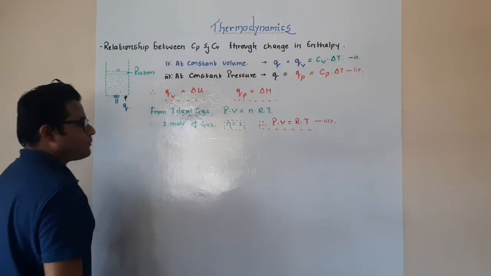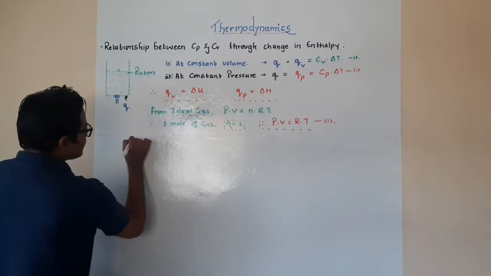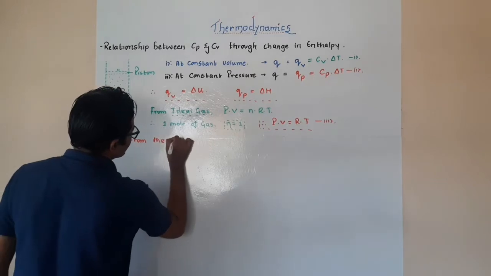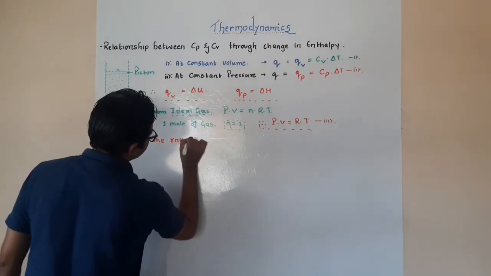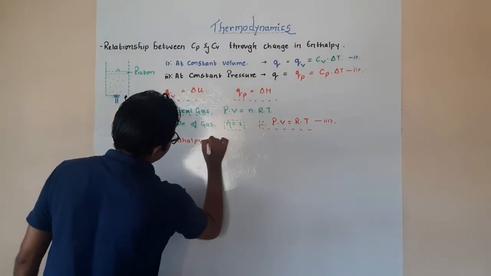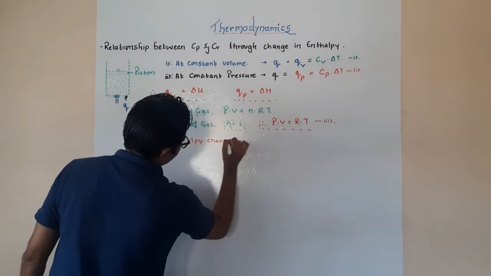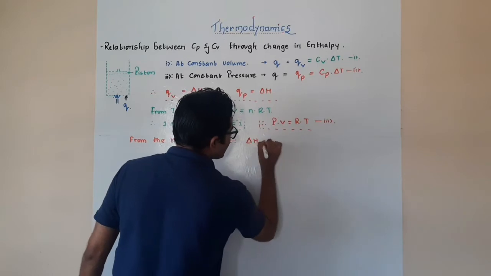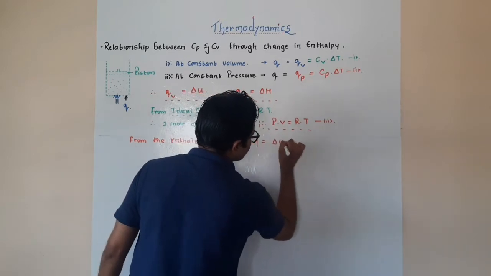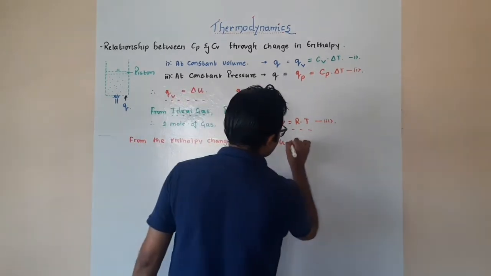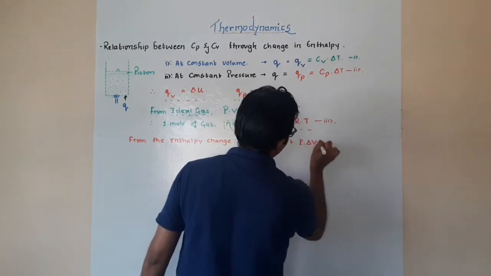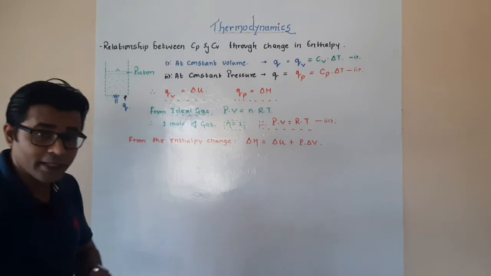Alright. So from the enthalpy change expression, what I know is delta H is equal to delta U plus P into delta V. This is the expression I already know.